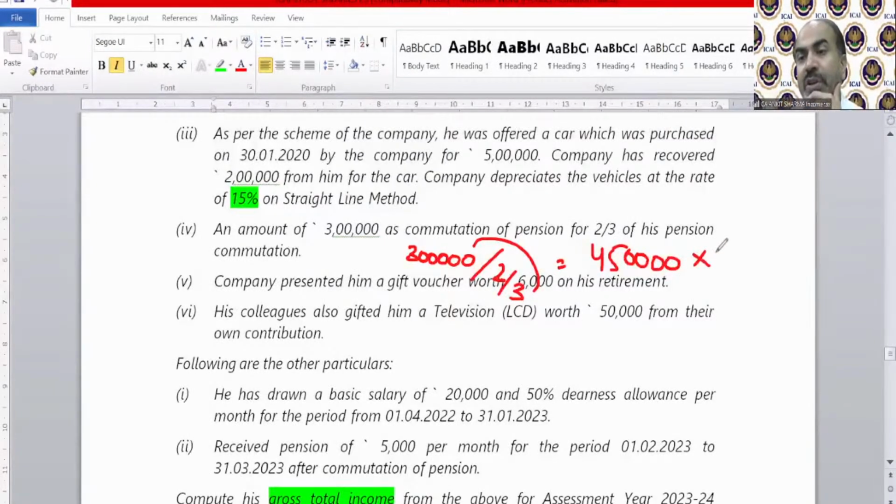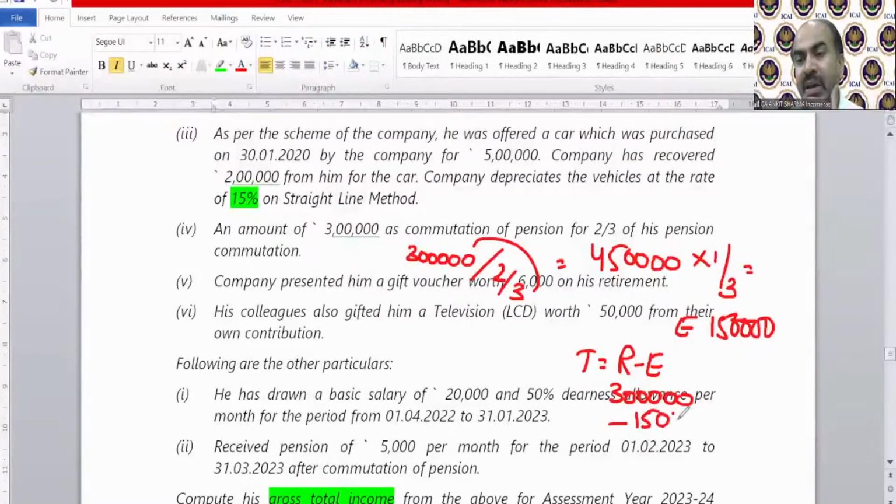And because he also received the gratuity, so exemption amount will be 1/3. That means 1,50,000 will be the exemption. Taxable formula, universal income tax, that is received minus exempted. Received was 3 lakhs. So 3 lakh was received amount and 150 has been exempted as per the provision.